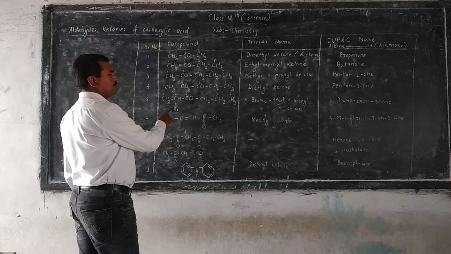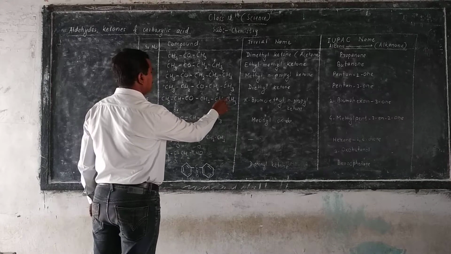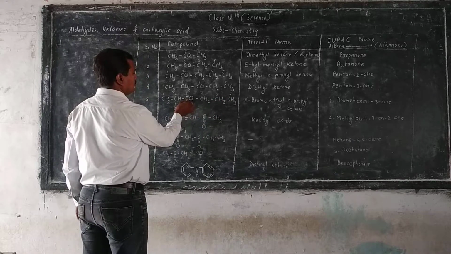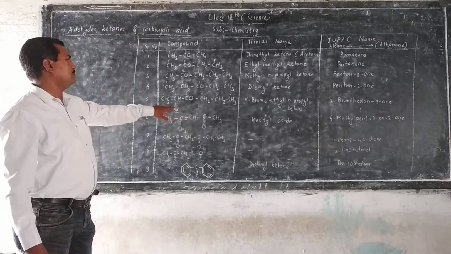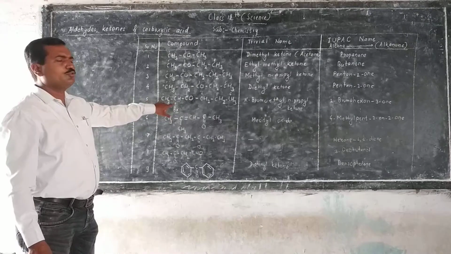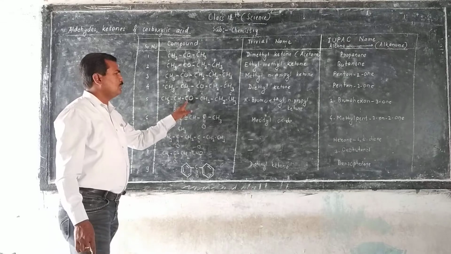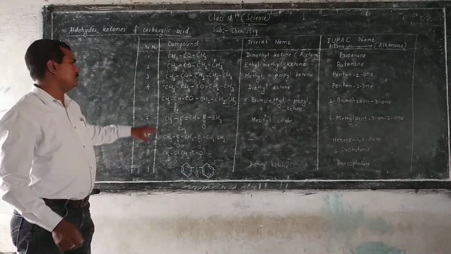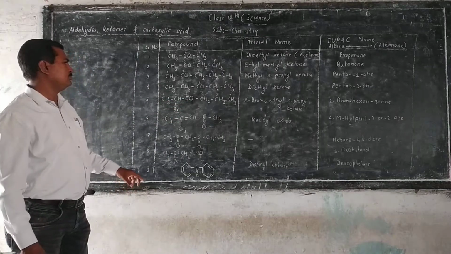Bromine is at the second position and 6 carbons are present, and the carbonyl carbon is at the third position. The parent alkane is hexane, but bromine is present at the second, so 2-bromohexan-3-one, because the CO group is present at the third position.